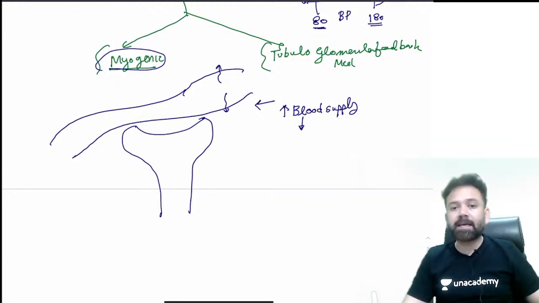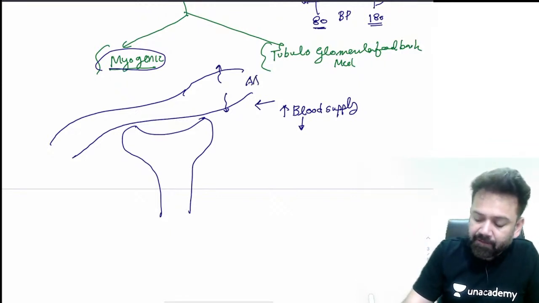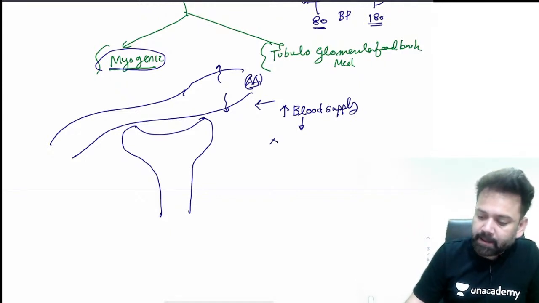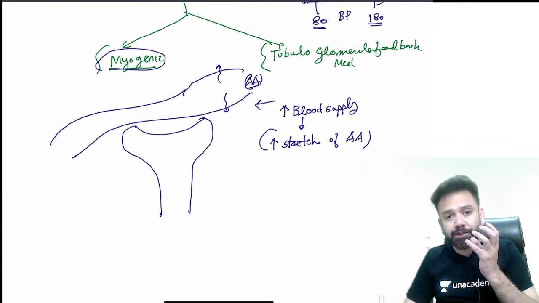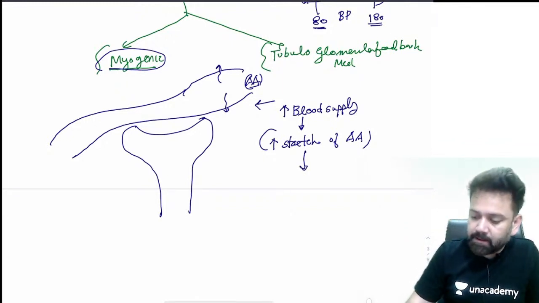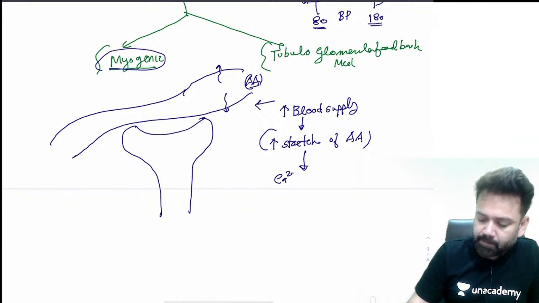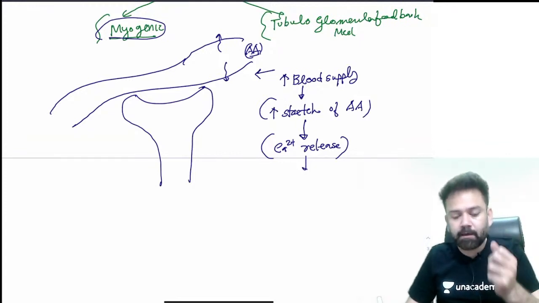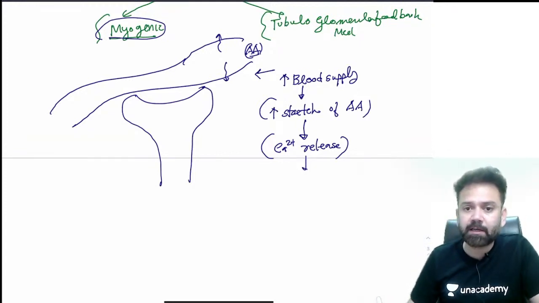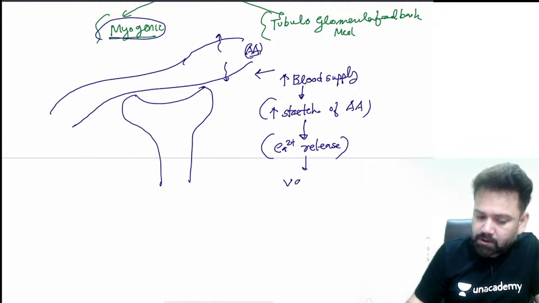Whenever there is an increase in the blood supply of the efferent arteriole, there will be an increase in the stretch of the efferent arteriole. And whenever there is an increase in the stretch, calcium will be released. Calcium is very important for muscle contraction, so that will cause vasoconstriction.